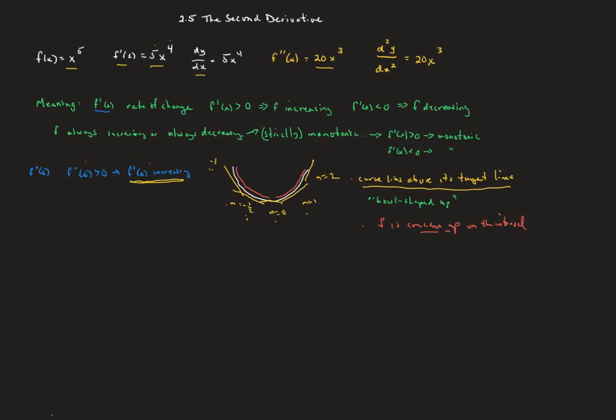Similarly then, if f double prime of x is negative, that means that f prime of x must be decreasing. And we can see a picture of that. If I draw a curve that is bowl-shaped down, then if we look at its tangent lines, you can see that as we go from left to right, these tangent lines are going to be decreasing.